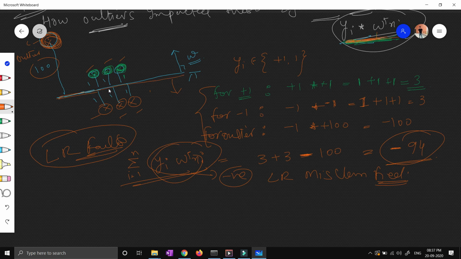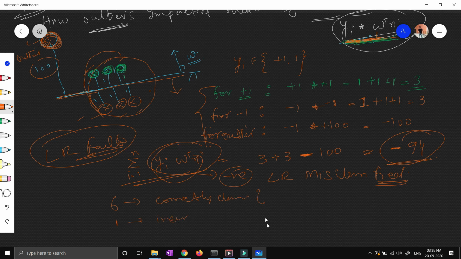Now we will look for another w value just because of this one outlier point, right? So now you can see that I'm able to correctly classify 6 points, like 3 positive, 3 negative, and just because of one outlier, 6 points are correctly classified and 1 point is incorrect.